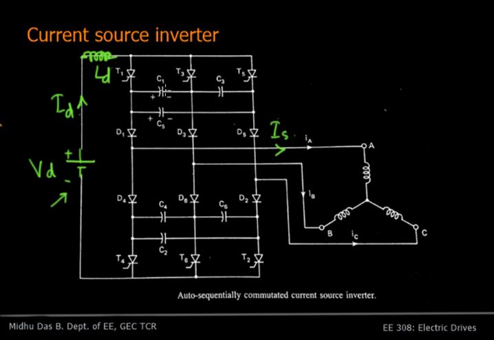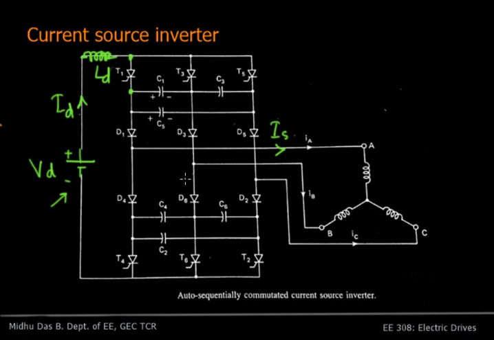When you want to turn off T1 and turn on T3, the control signal to turn on T3 is supplied, and when T3 is turned on, this capacitor will come across T1 instantaneously, and therefore a negative voltage will get supplied across T1 and it instantly turns off.